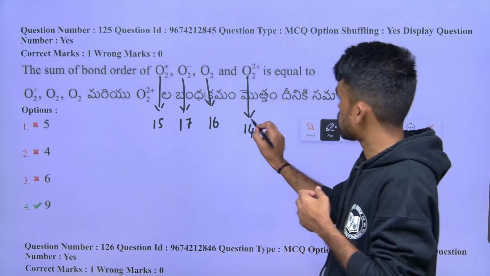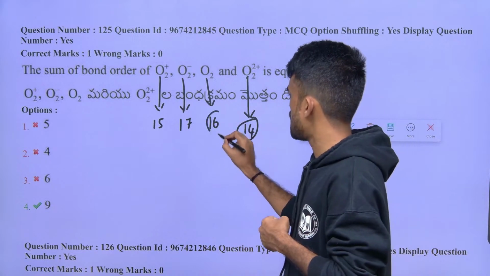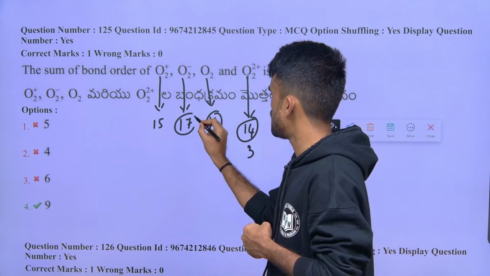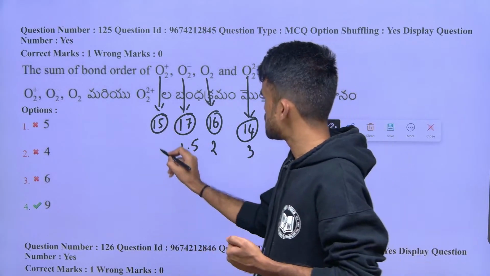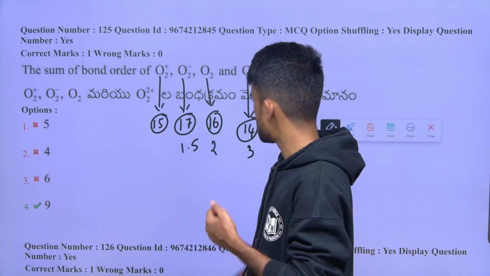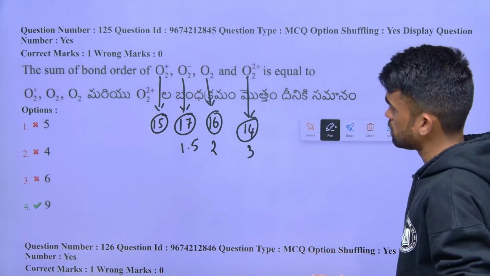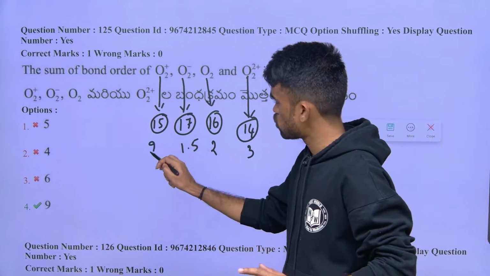For 14 electrons the bond order is 3, for 16 electrons the bond order is 2, for 17 electrons it is 1.5, so for 15 electrons it is 2.5.